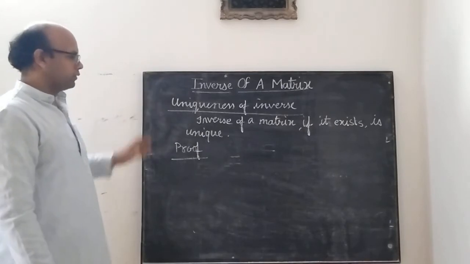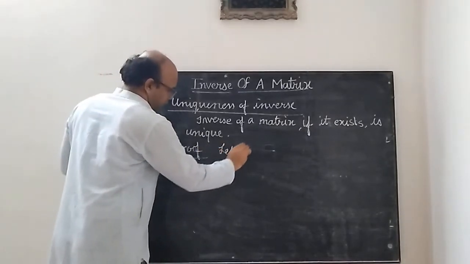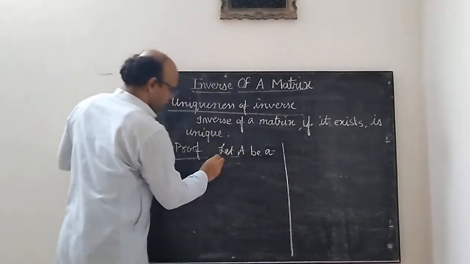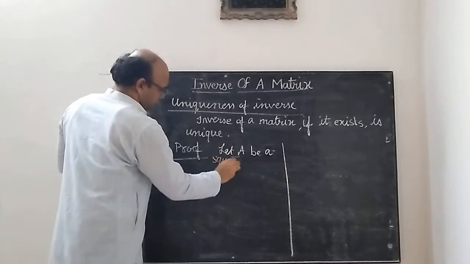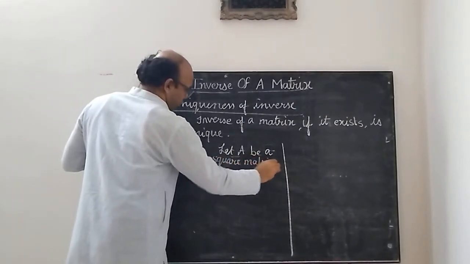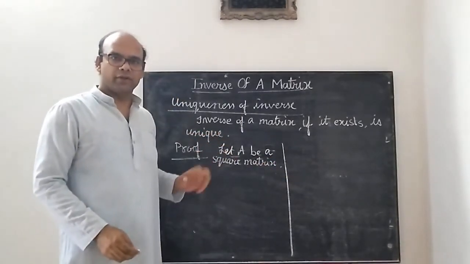So what we do is we say let A be a square matrix, capital A. And we say, let the inverse of A is not unique.